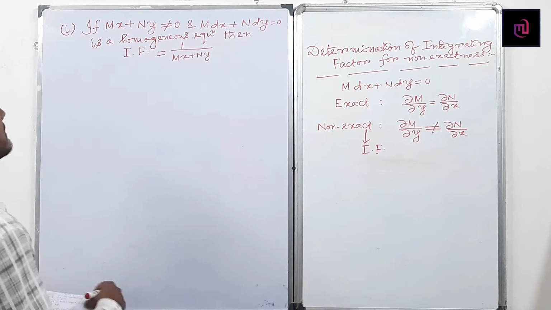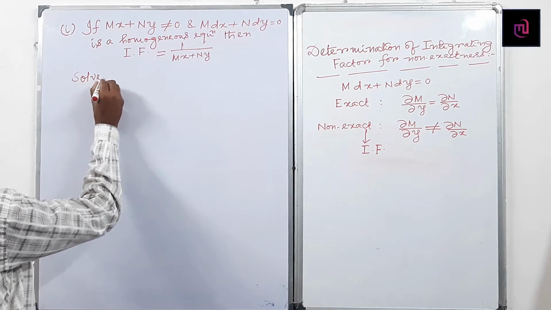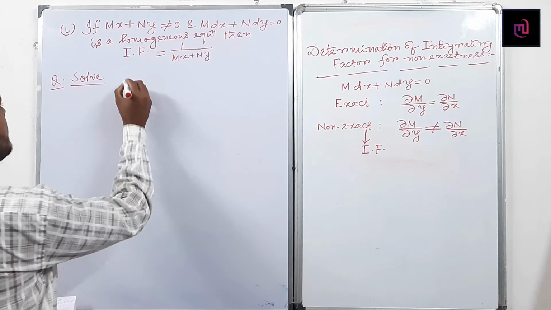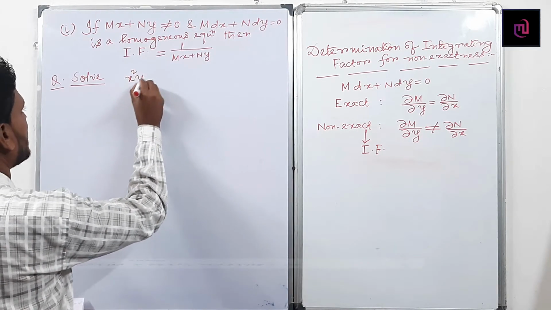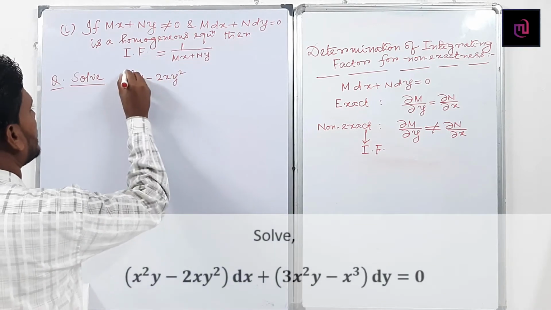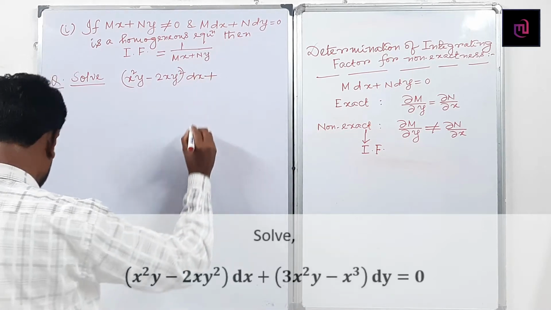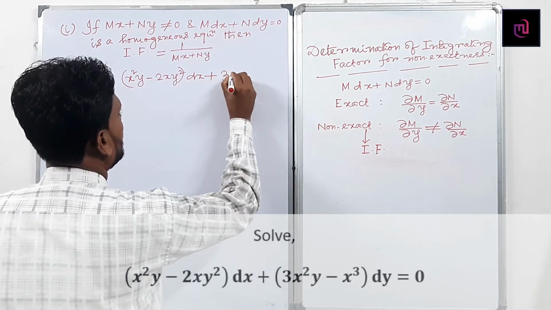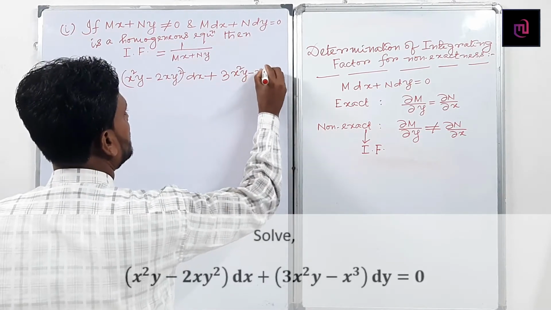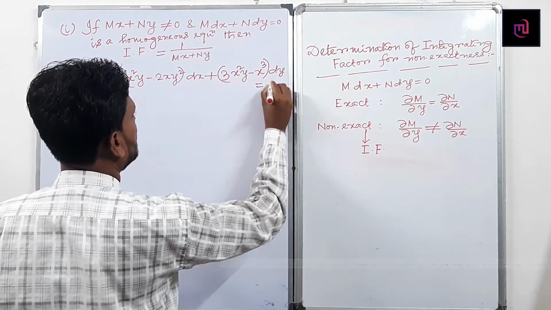If I take one example, then it is clear. Solve (x square y minus 2x y square) dx plus (3x square y minus x cube) dy equals to 0.